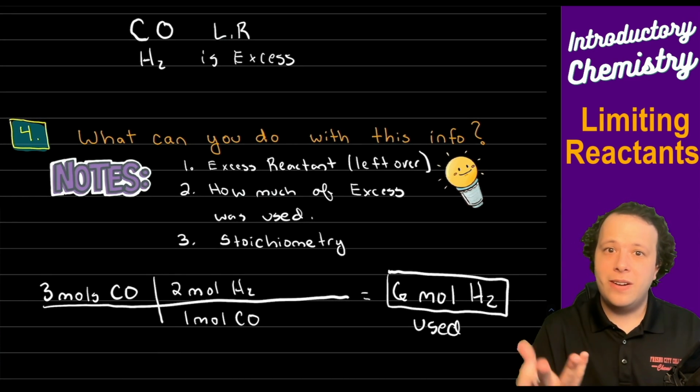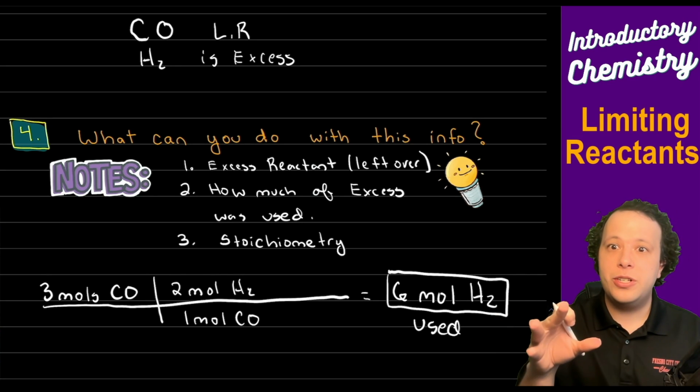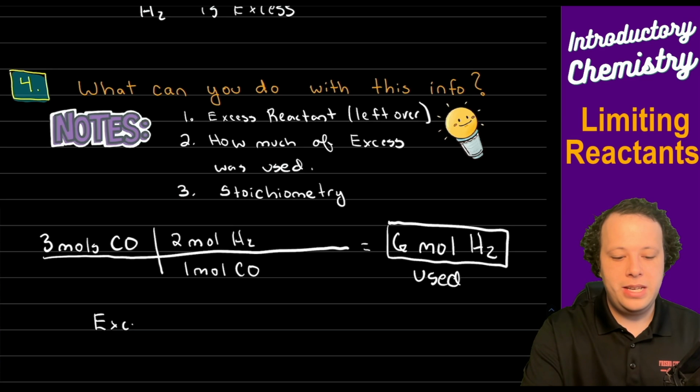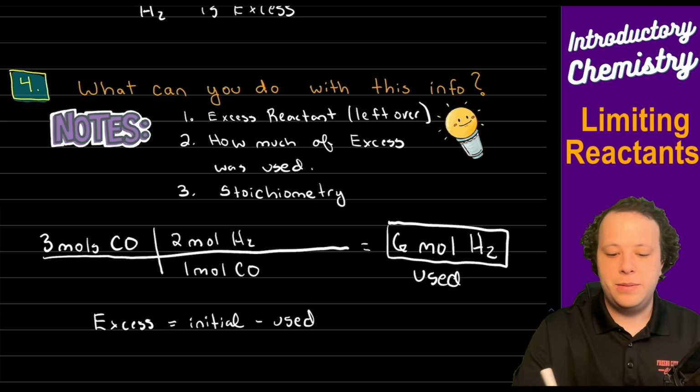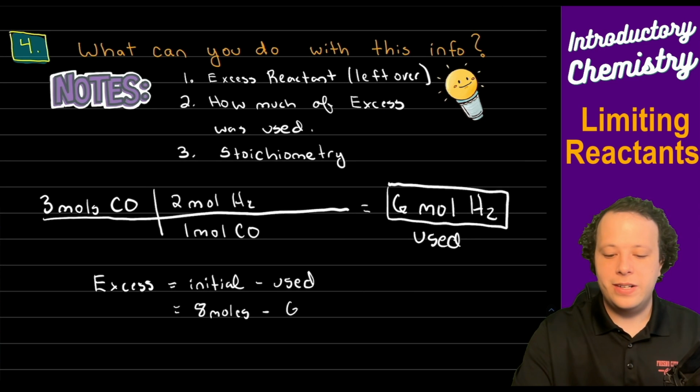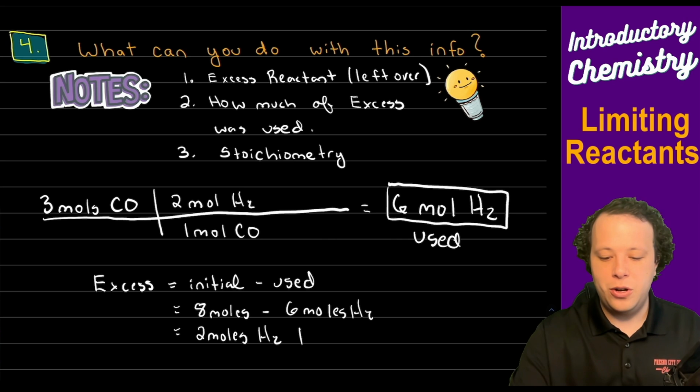If we wanted to figure out how much was left over or how much is in excess, well, excess is always going to be the initial minus what is used. In this case, being that we started with 8 moles of hydrogen, we are going to subtract the 6 moles of hydrogen that was used to figure out that we're going to have 2 moles of H2 left over.